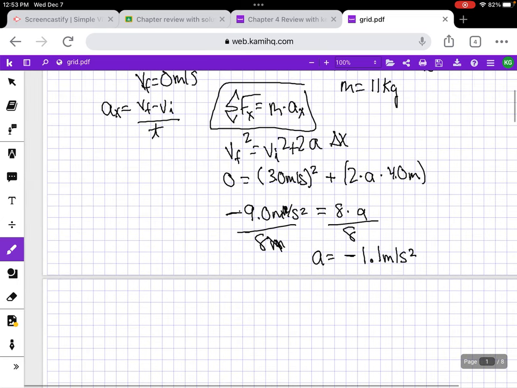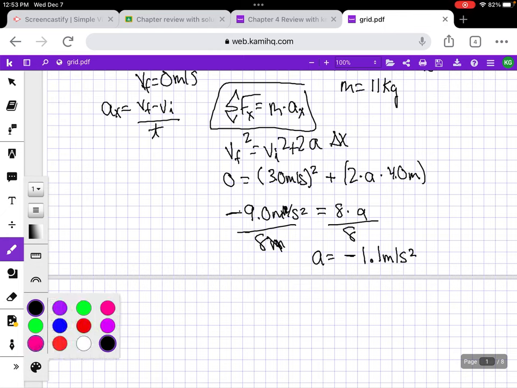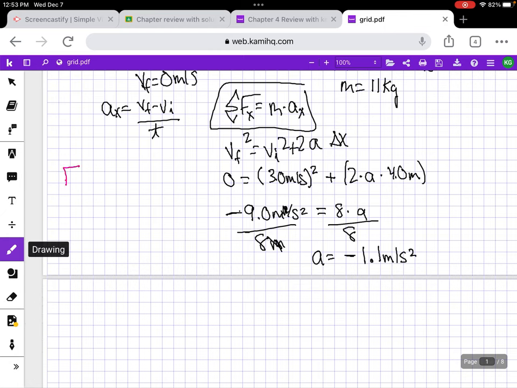My summation of forces in the x is equal to my force applied by itself, which is equal to my mass, which I found to be 11 kilograms, times the acceleration, which I just found to be negative 1.1 meters per second squared. So 11 times 1.1 gives me a force applied of 12.1 newtons negative.